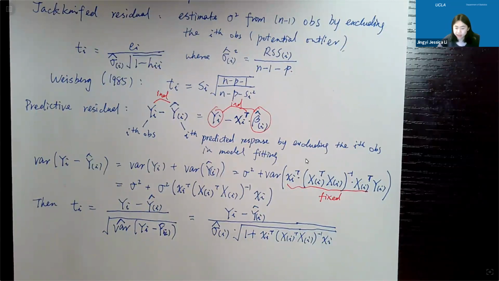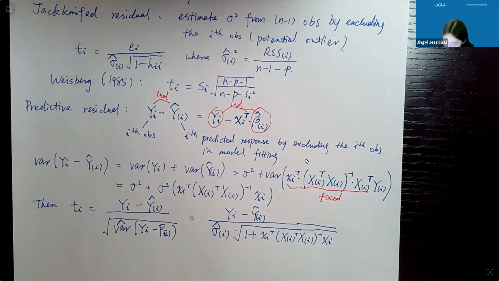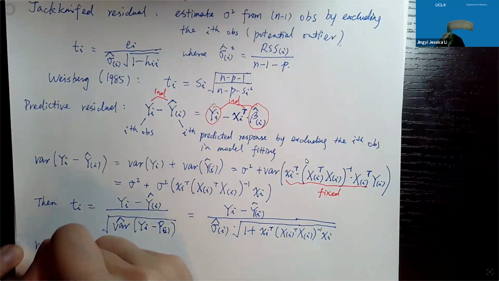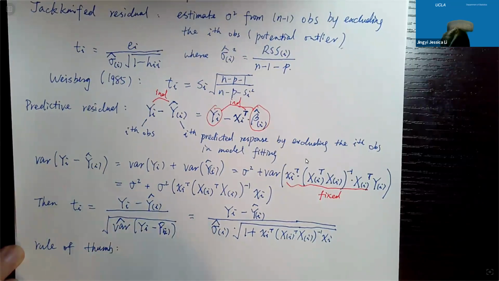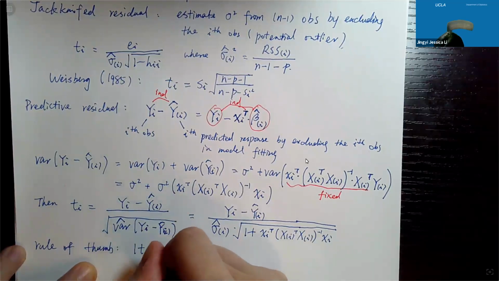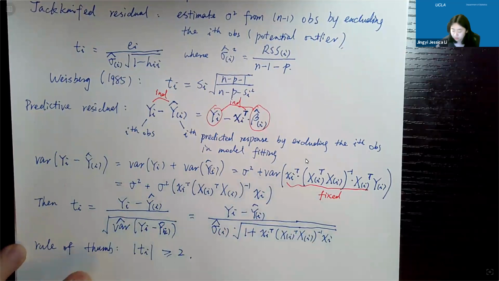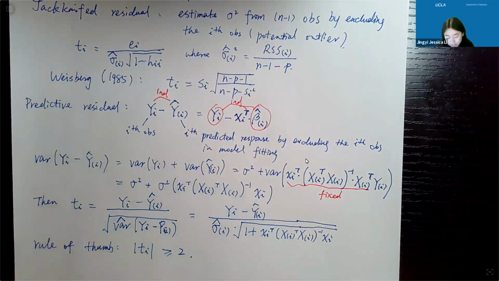Finally, this is the introduction for the Jackknife residual. And as I said, for the rule of thumb, you can apply it to the Jackknife residual. That is, check whether the absolute TI is greater or equal to 2. That's also a way for you to decide whether there are outliers. And you can also apply the normality check to the TIs to see if they are approximately normal.